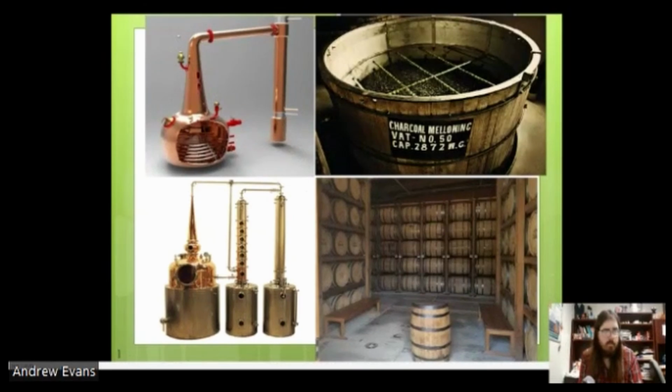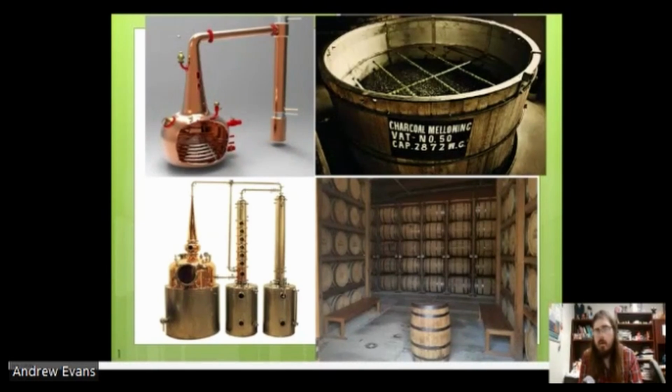With whiskey and spirits in general, you have to distill, and depending on whether you use a pot still or various different column distillations and multiple distillations, you can have different flavor profiles.